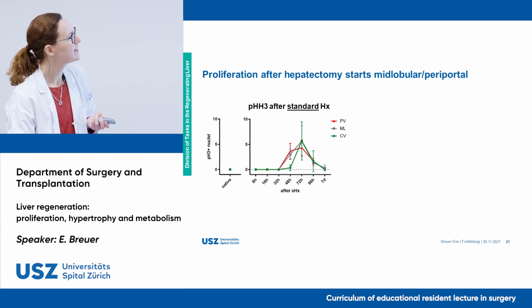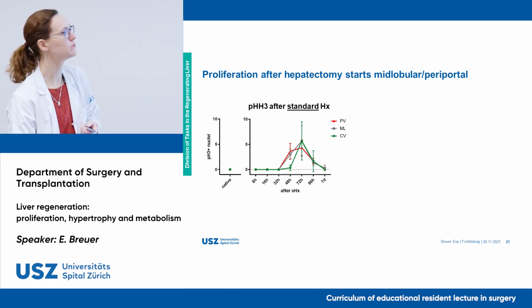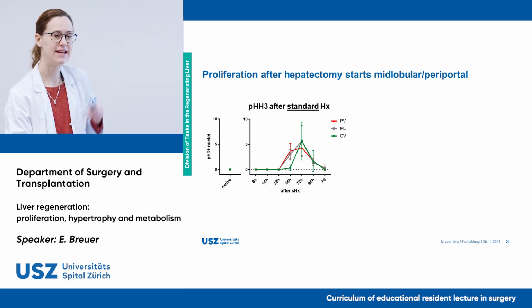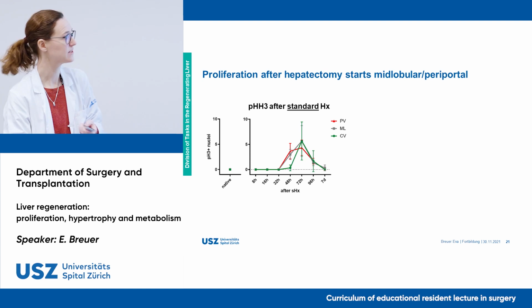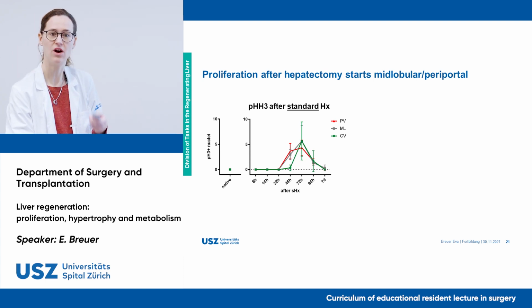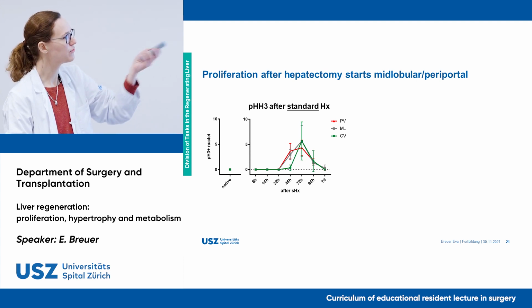And by that, if we take a look at the zonation, in red are the portal cells, so the cells around the portal vein. We have the gray ones, which are the midlobular cells, and they enter the cell cycle a bit earlier than the pericentral cells. So we saw here a delay of the pericentral cells to get into the cell cycle, and also for the mitosis.